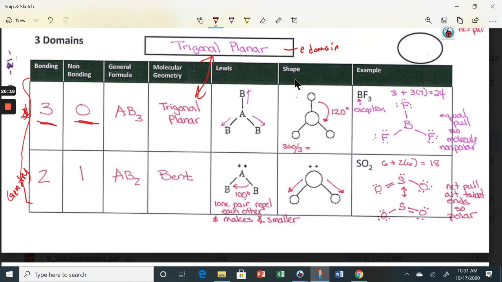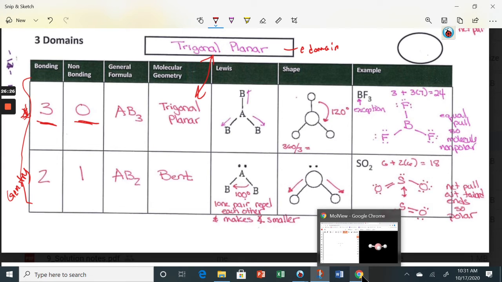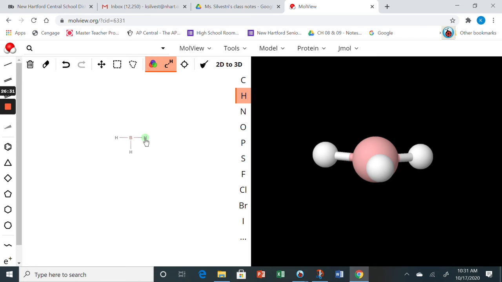So if we take one of these away, we're just going to remove one. I'm going to go back and change, not that boron would do this, but we're going to look at it generically. I'm going to remove one of these, and I have to change the formal charge now, because boron has 3 electrons, and now I only have 2 being shared, so I'm going to change its formal charge to +1 in order to get the right shape.